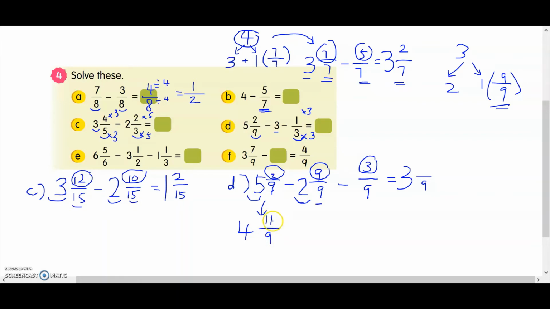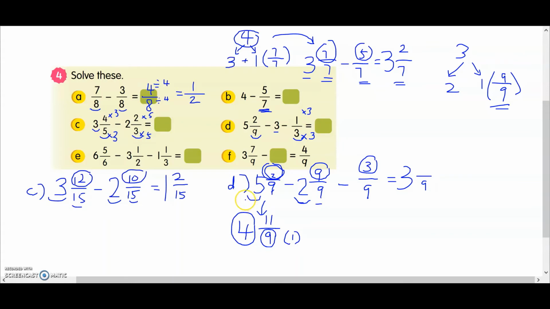Okay, so how does this happen? Because this 1 here, we took out this 1, and this one here is you plus 1 here. So meaning this one is 1. So this 2 here, you already plus 9.